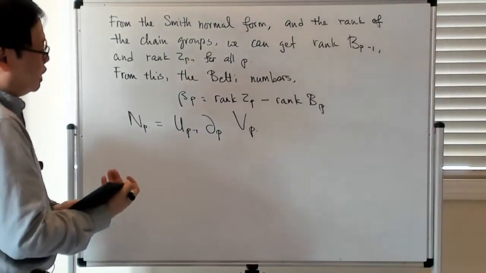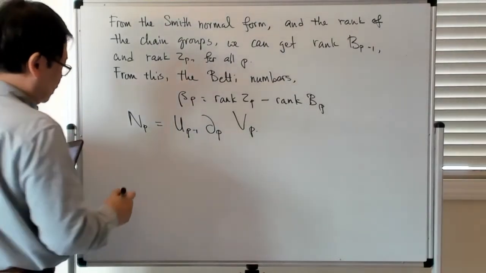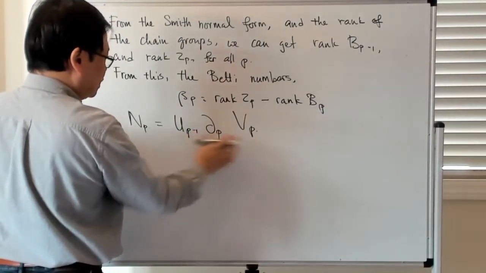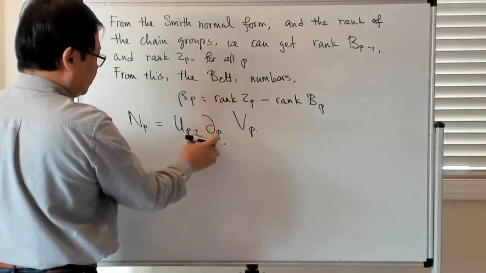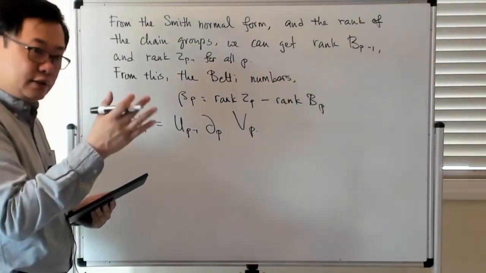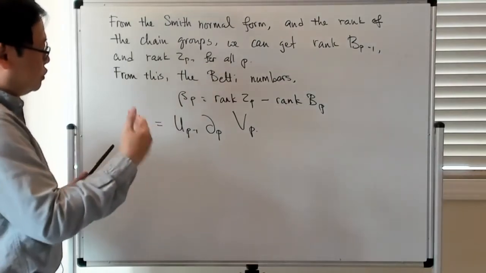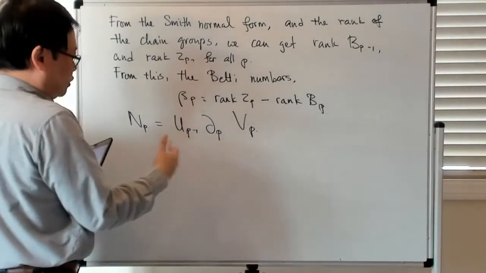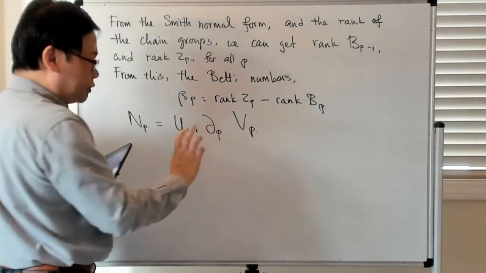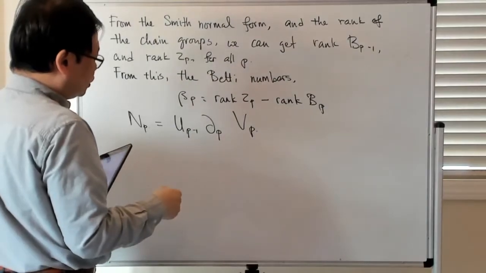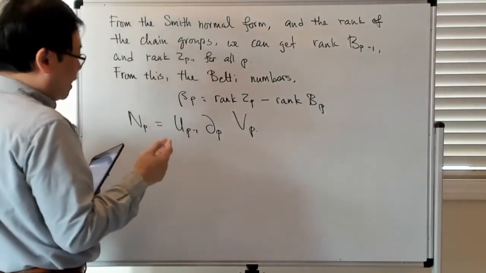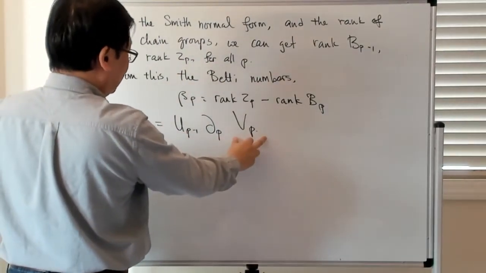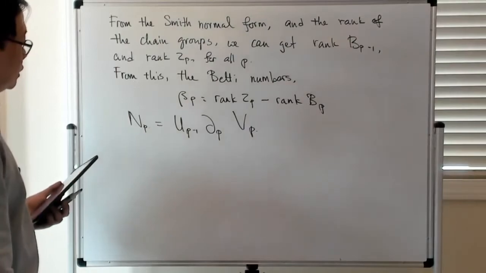Another way to think about this is that you could have first started off with two identity matrices on either side acting on boundary P, so that's the original matrix representation, and as you transform this boundary P, you also keep track of what you're really doing in terms of these addition operations, in terms of rows and columns, and row and column exchanges in these UP minus 1 and VP matrices.